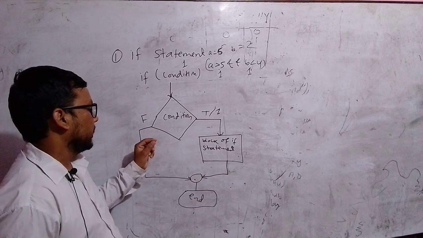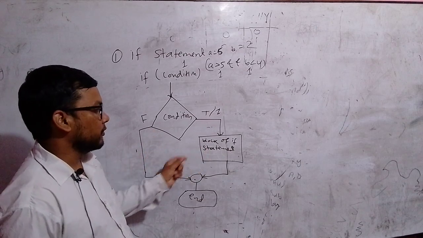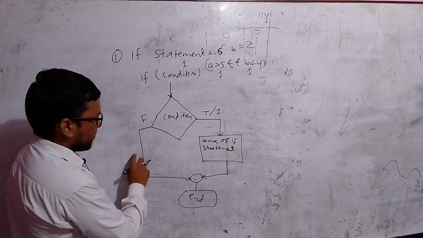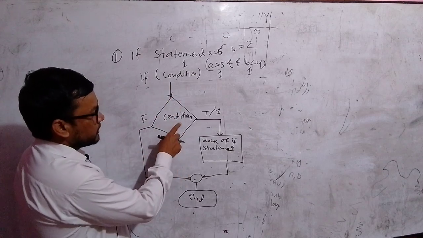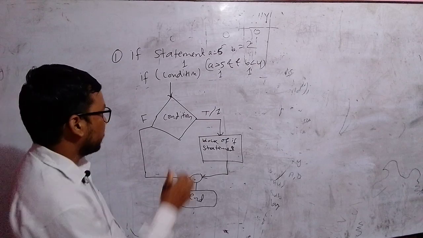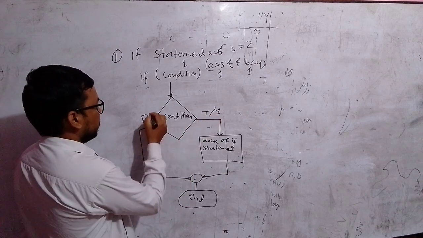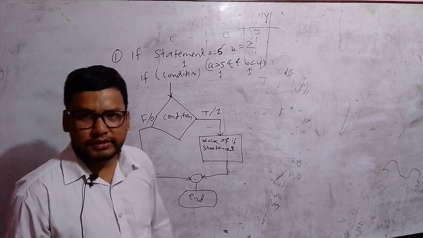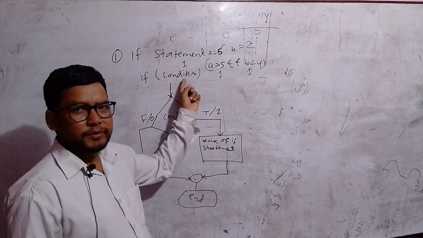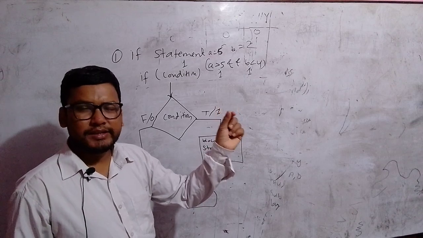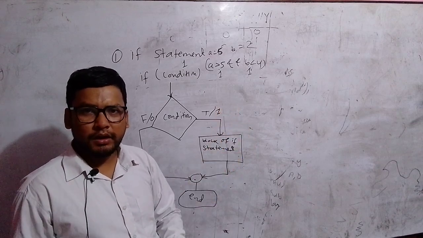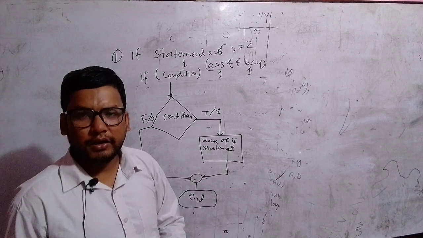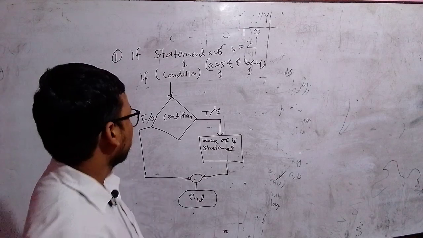If it is false, this statement will not be executed, and there is nothing to execute for the if condition only. Conditions give only two possible values, true or false, 1 or 0. These conditions could be a single comparison, or multiple comparisons connected by AND or OR operators.